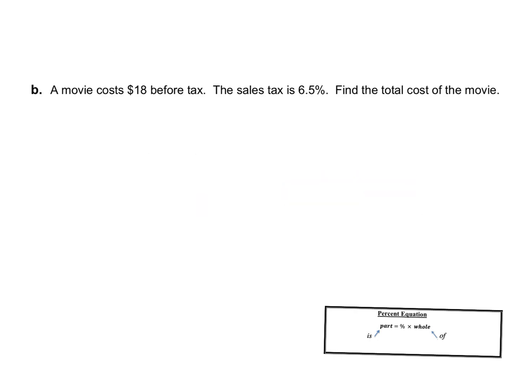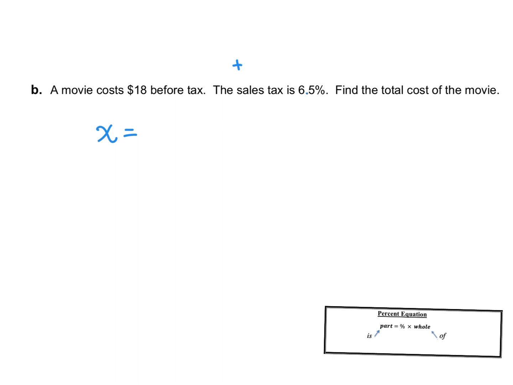All right, letter B says a movie cost $18 before tax. The tax is 6.5%. Find the total cost of the movie. Remember that tax and tip are both markups, so you're going to be plussing it, not minusing it. So the question we're asking is what is 6.5%.